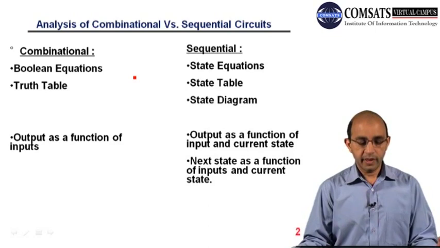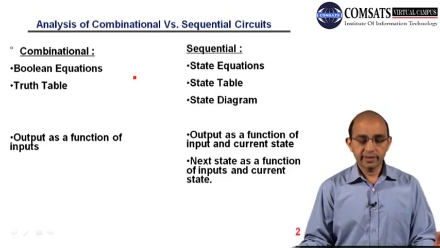Moreover, in a combinational circuit, as we know, output is a function of input only. We have output present as long as the input is present. As we remove the input, we don't have any output. So this is the key difference.